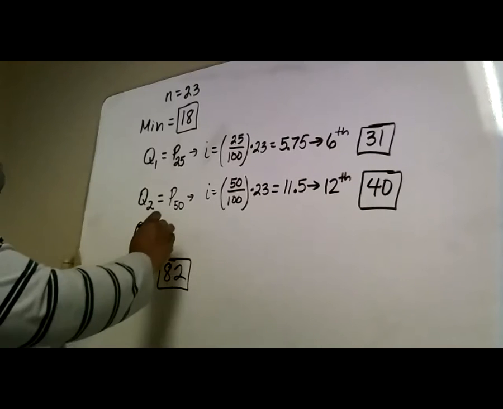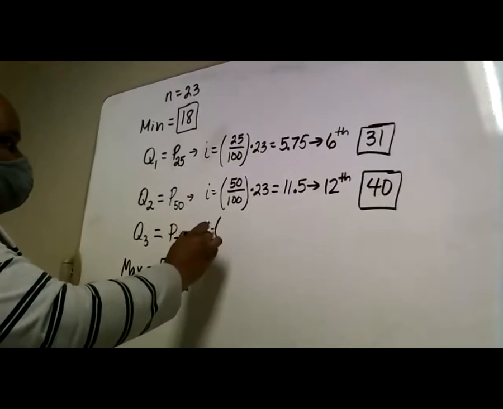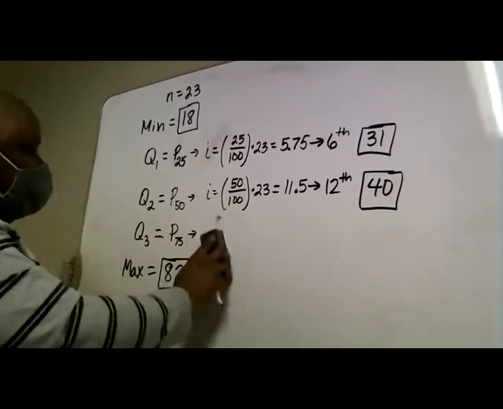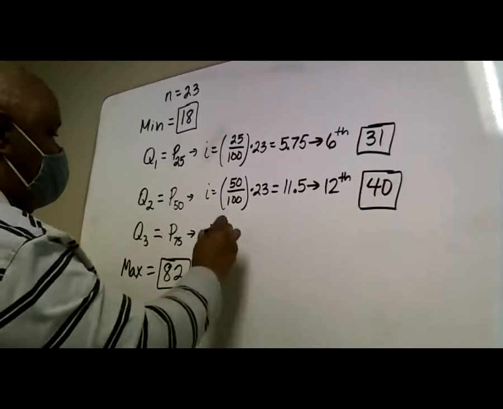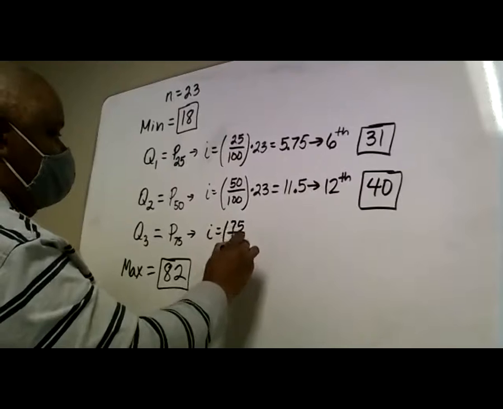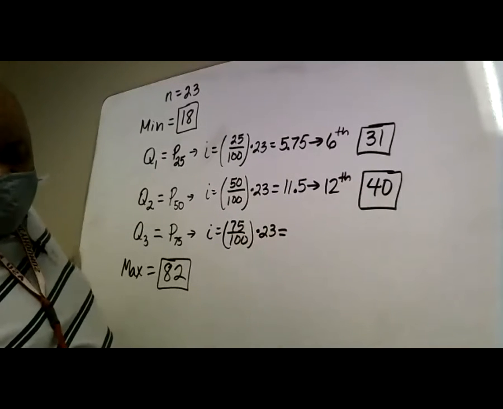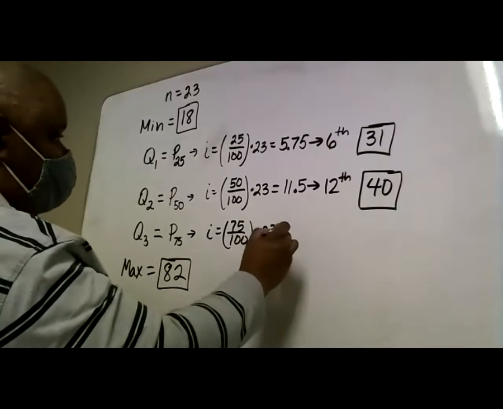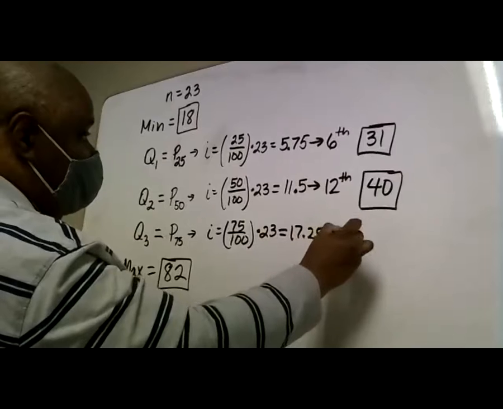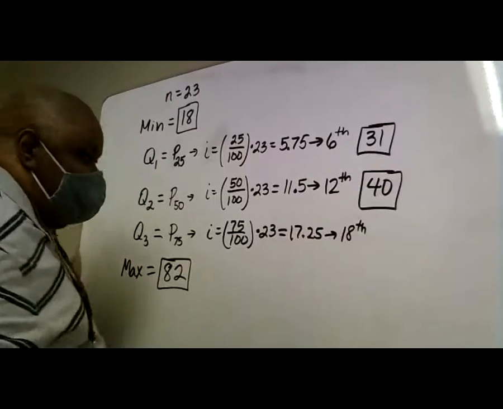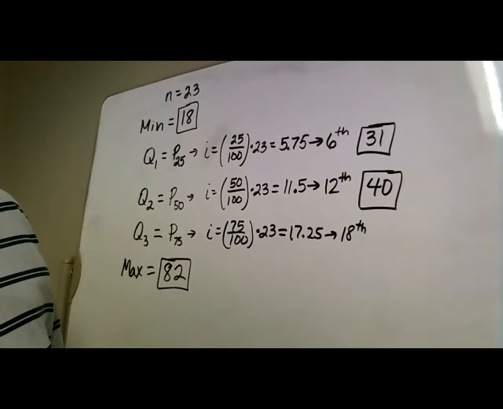And then for Q3, that's the 75th percentile. So I is equal to 75 over 100 times 23. I get 17.25, but we have to round this up to the 18th number. So the 18th number in that data set would be how much? 61.